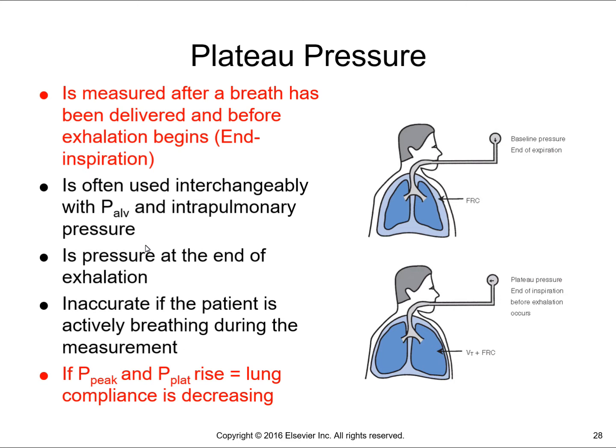Now remember, our number for pressure control is 30, meaning 30 centimeters of water pressure is our max that we want to keep the patient on. So if I have a patient on volume control and the PIP is hitting 30s, I might start getting worried, because if it starts getting 31, 32, that's a high pressure.